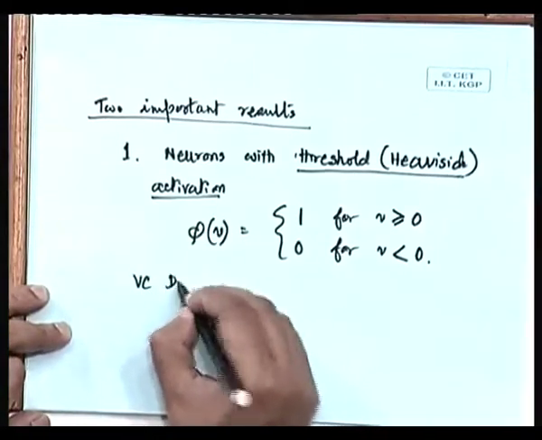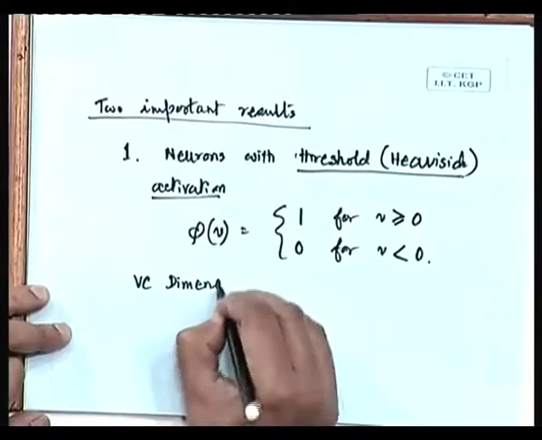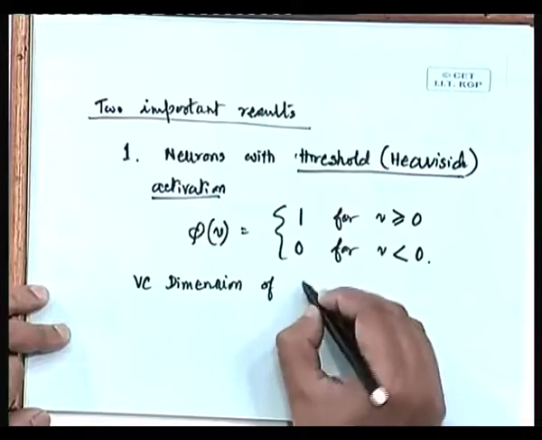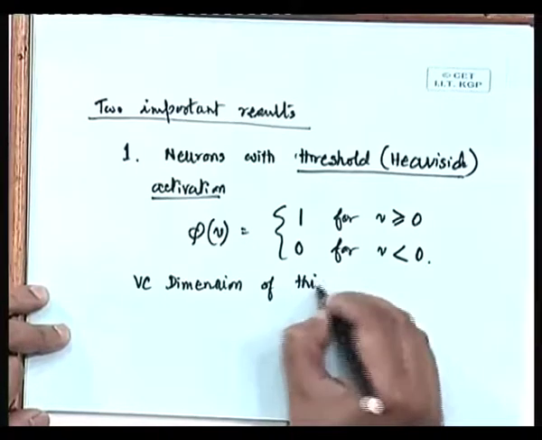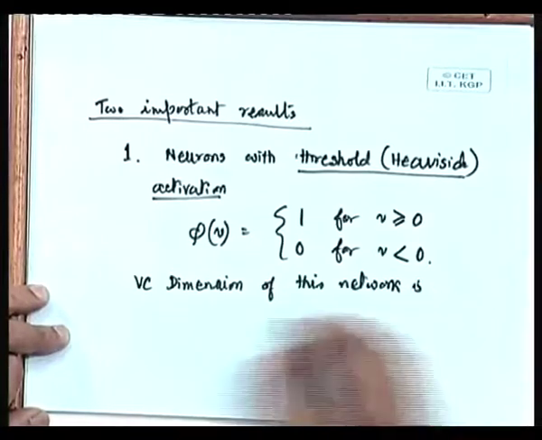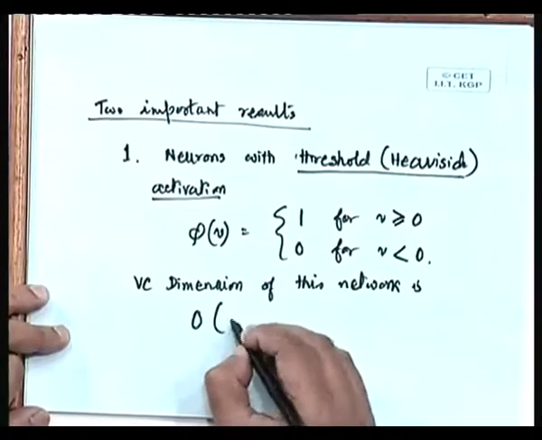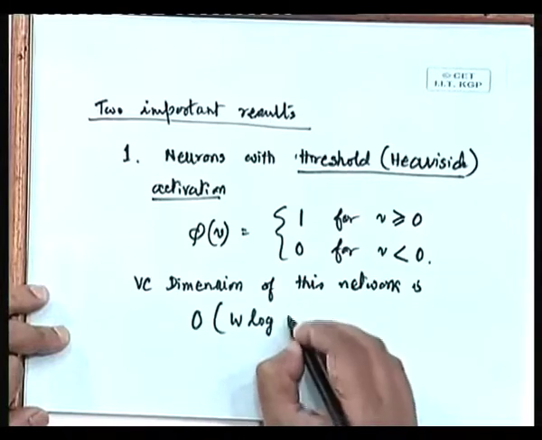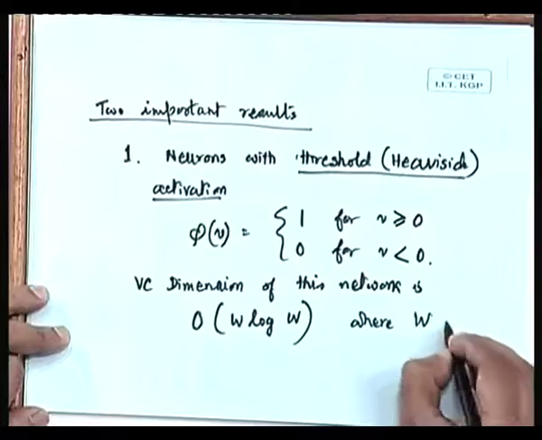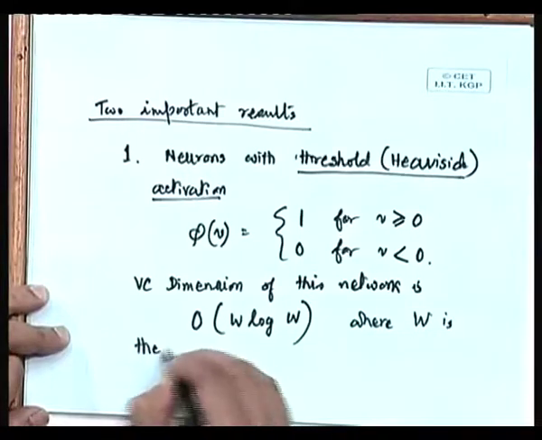For such neurons with threshold activations, it has been shown analytically that the VC dimension of this network is given by order of W log W, where W is the number of free parameters.